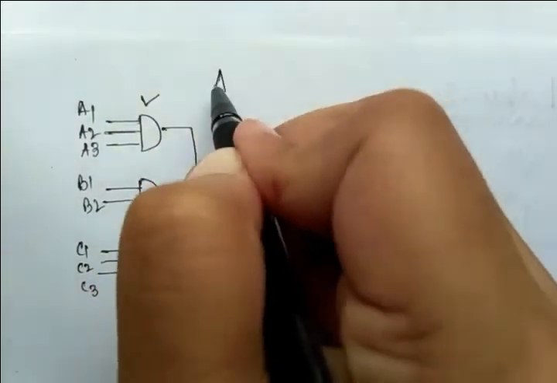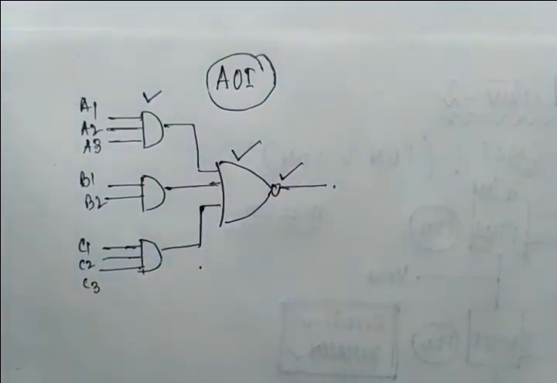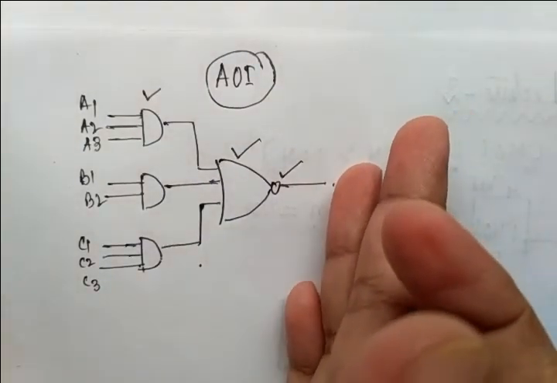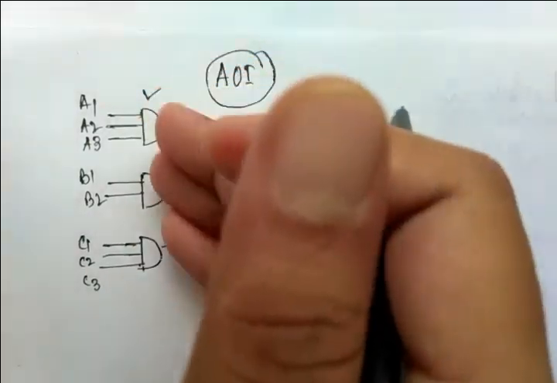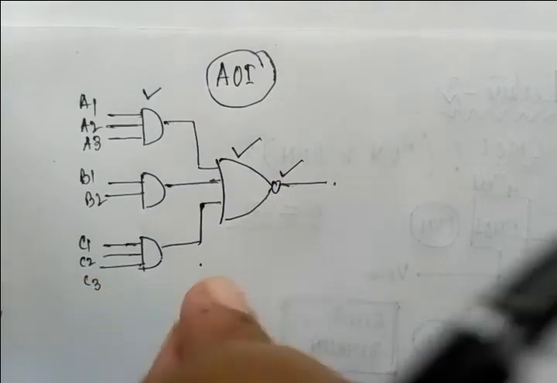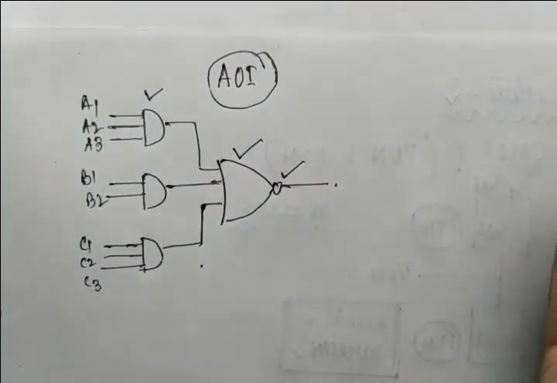Yes, this is AOI logic. Once we define the logic, we go to the circuit level representation, because we know that in AOI logic, the pull down network consists of parallel branches of series connected NMOS, and the pull up network consists of series branches of parallel connected PMOS.